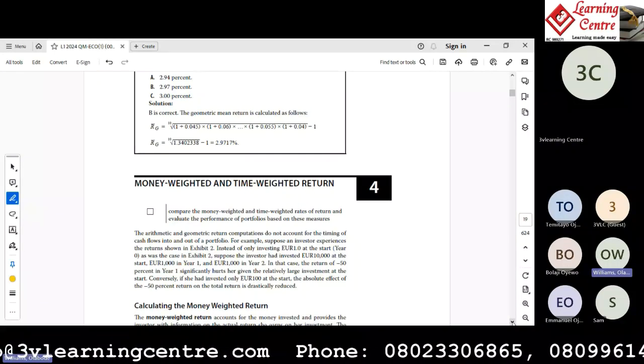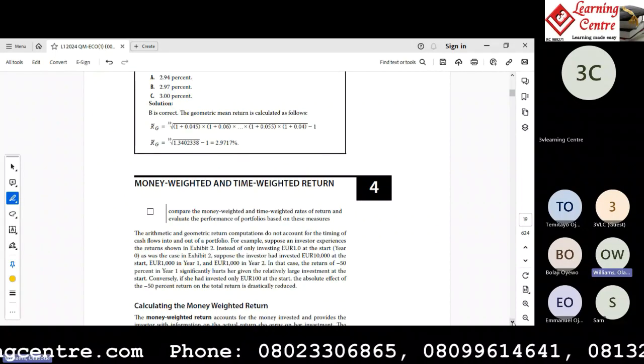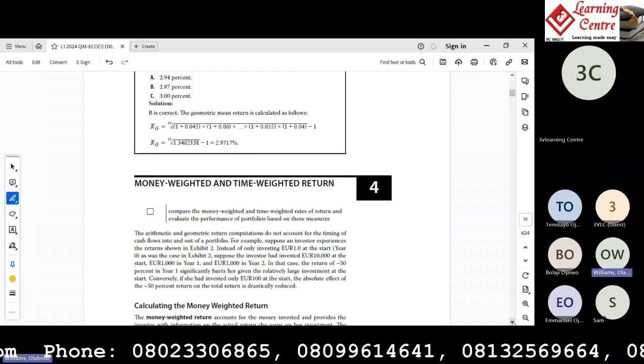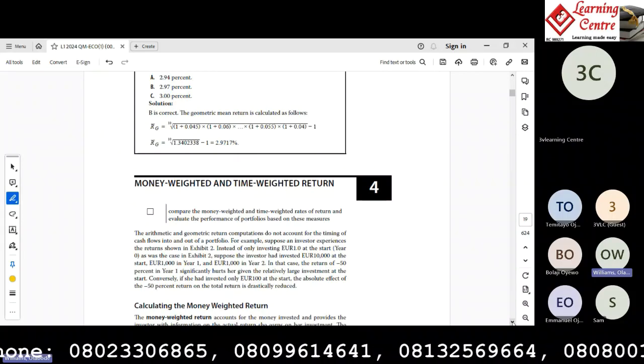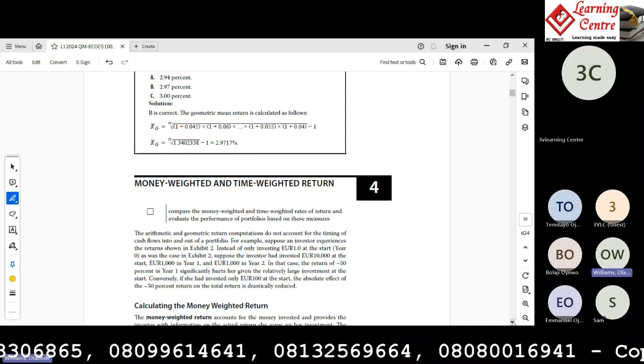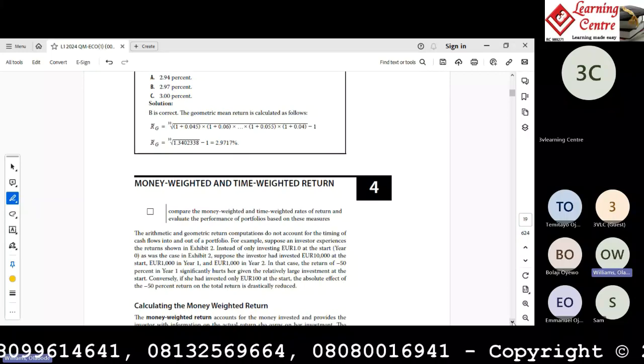This is looking at money-weighted and time-weighted returns. There are two types of return that you can calculate, the money-weighted return and the time-weighted return. They are calculated differently, or the approaches to calculating them are different. So let's look at it. First is the money-weighted return.